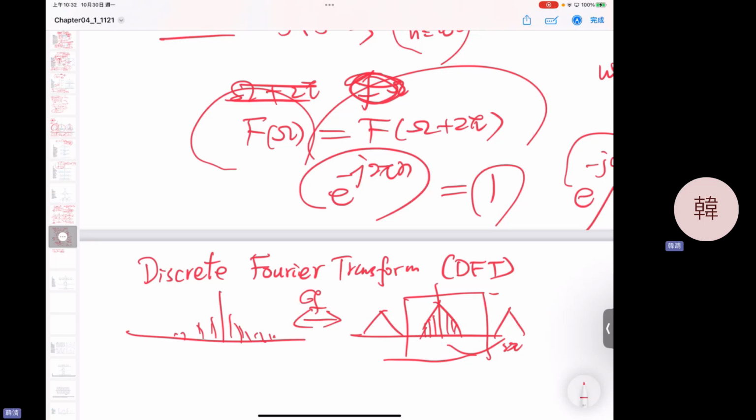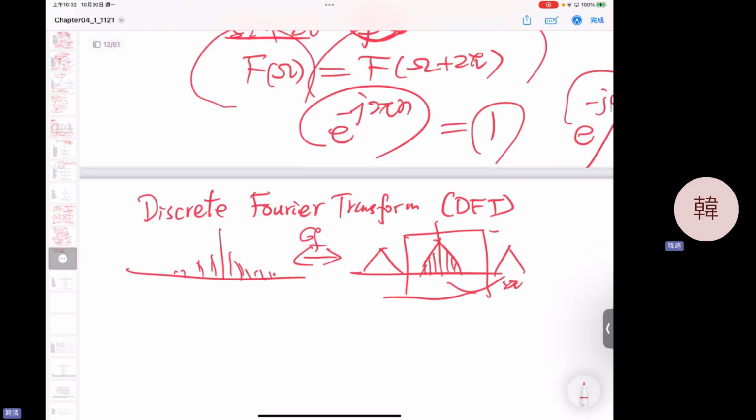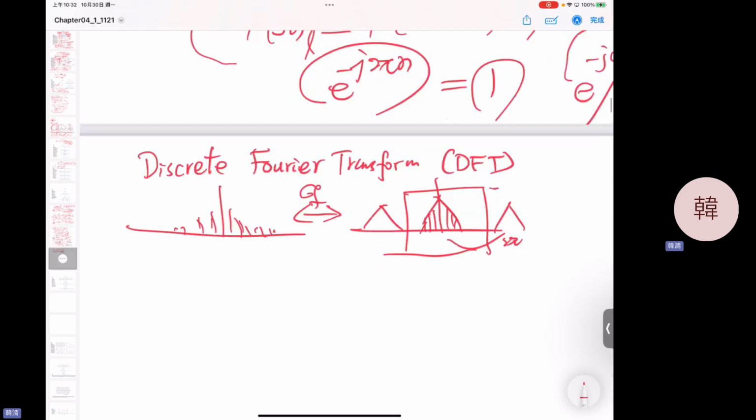So the result becomes the discrete Fourier transform. The discrete Fourier transform is actually not difficult, because we know the DTFT is F of omega equals the sum over n from minus infinity to positive infinity of your sampled signal, applied with e to the minus j omega n.